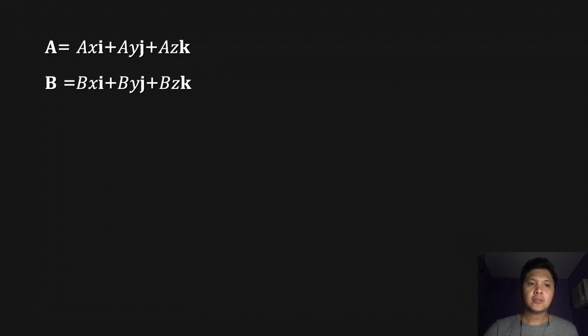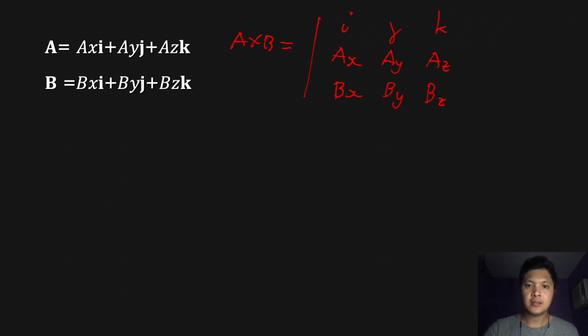An easier way to do this is to use matrix notation. When we use a matrix, let's write I, J, and K, then AX, AY, AZ, and BX, BY, and BZ.